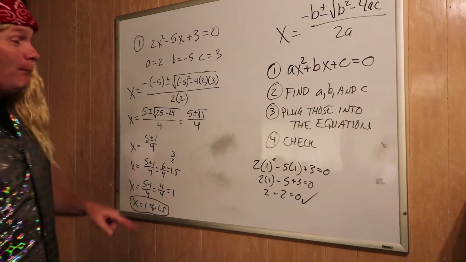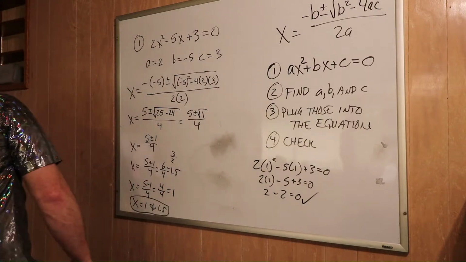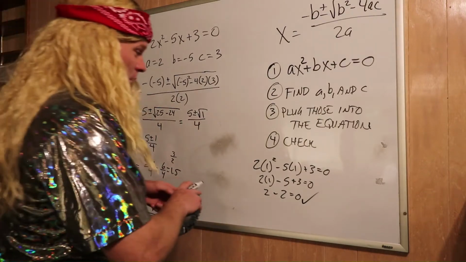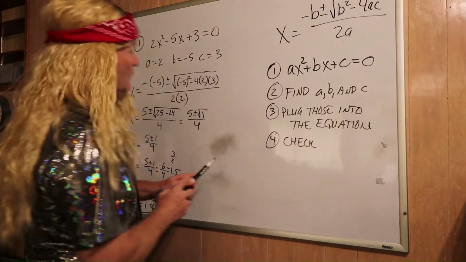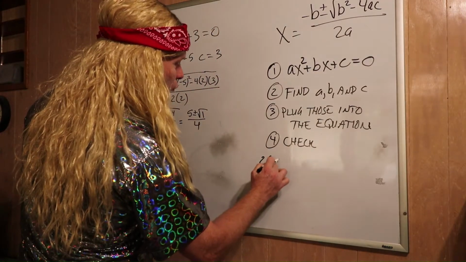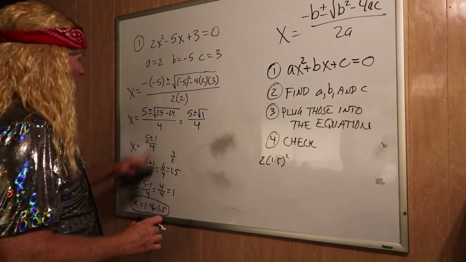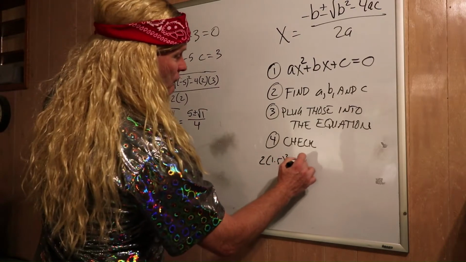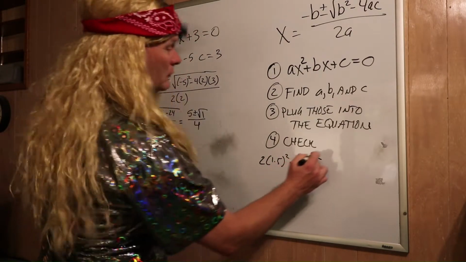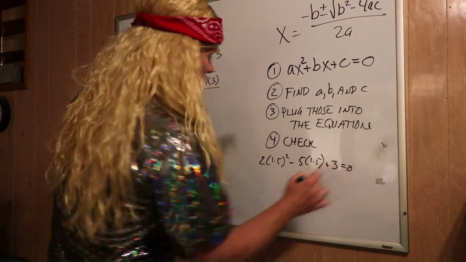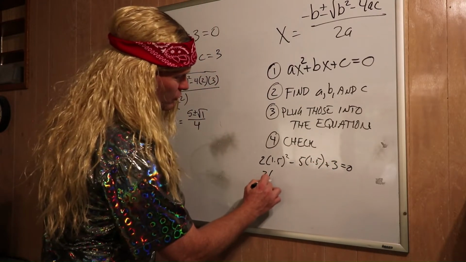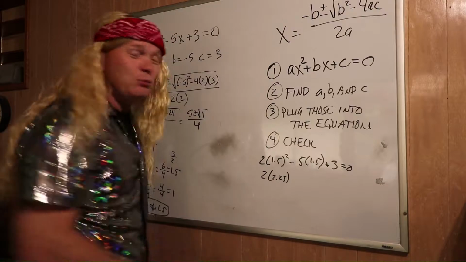Let's check 1.5. See, I'm out of room. Where's that eraser? There it is. Let's try 2 times 1.5 squared minus 5 times 1.5 plus 3. See, 1.5 squared is 2.25.